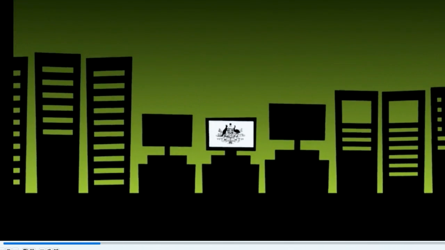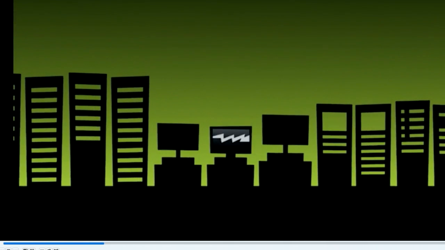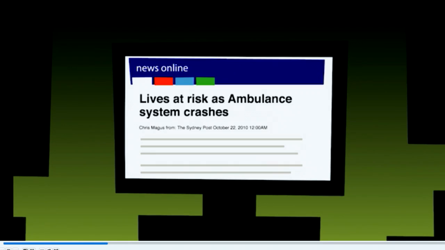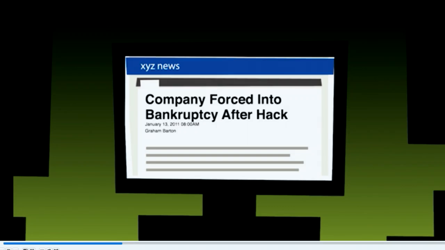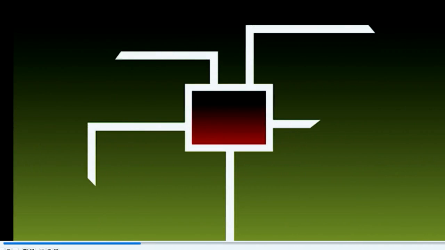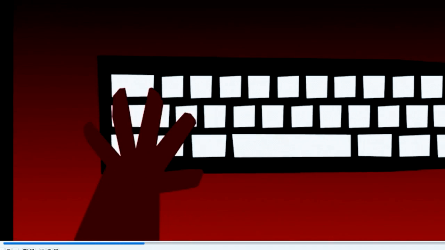and the effects can be catastrophic. So who's after your information? Alan Jude. There's the hackers who work alone, seeing what they can get away with. Then there are hacktivists.